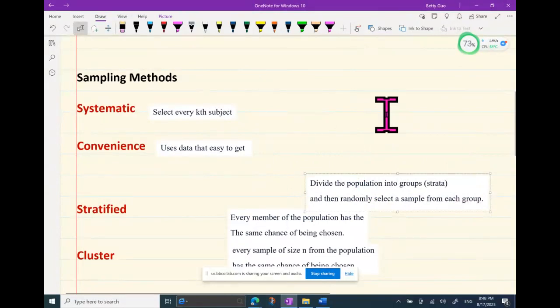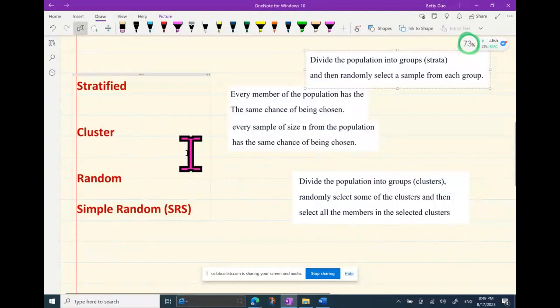I go to my roster and I only choose the ones whose first name initial is A. That is a lazy way, right? It's convenient. The reason I do that is because it's easy to get. Yeah, that is convenience. Very likely, the convenience sampling method results in a biased sample.